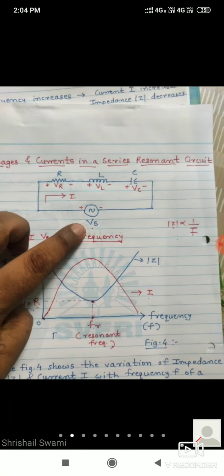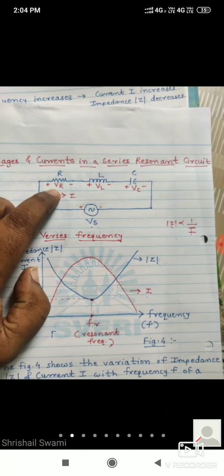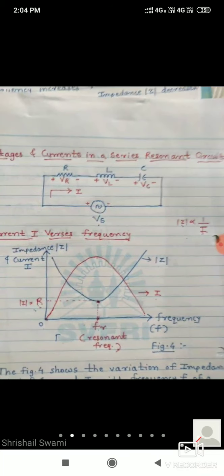at when frequency is 0, at that point when frequency is 0, what will be the value, I will show in this diagram. When frequency is 0, what should be the value of VR, what should be the value of VL, and what should be the value of VC? Who will tell?